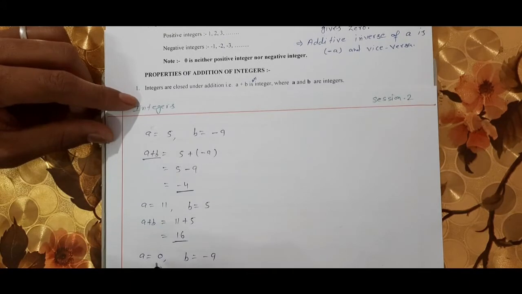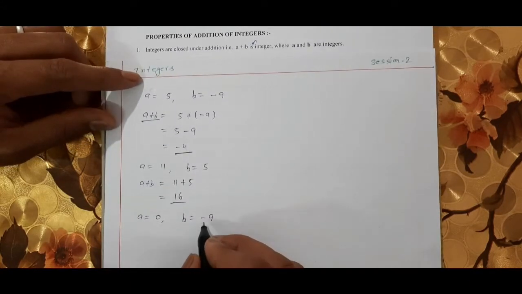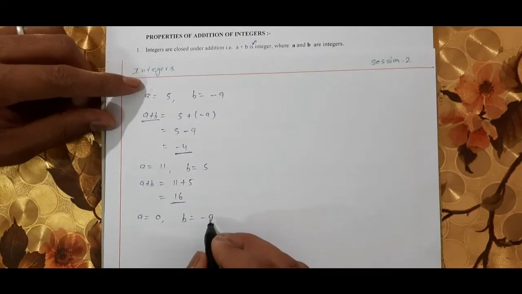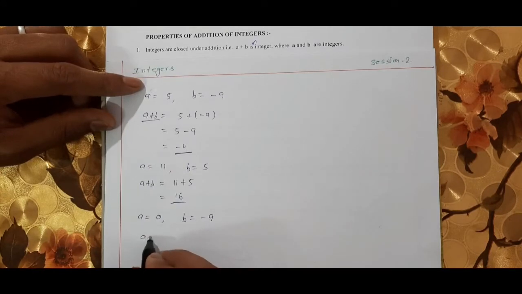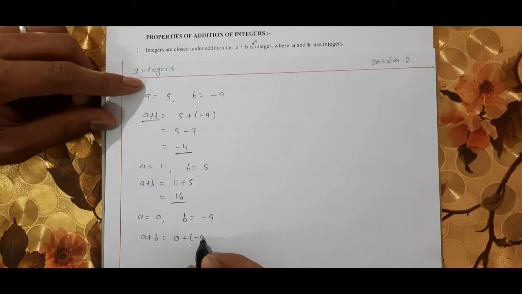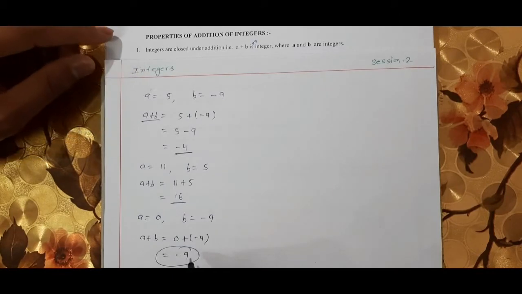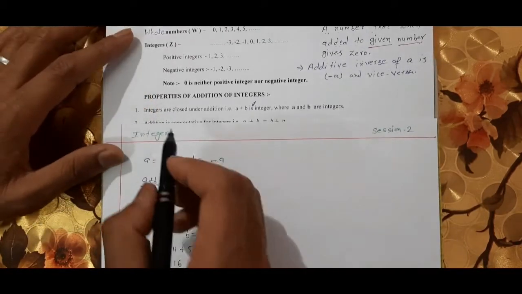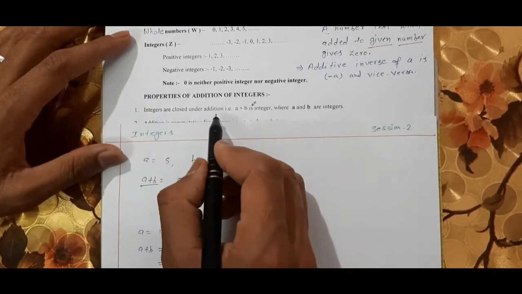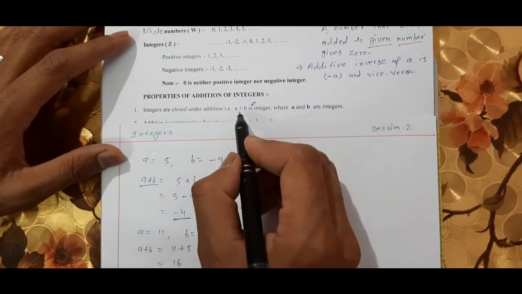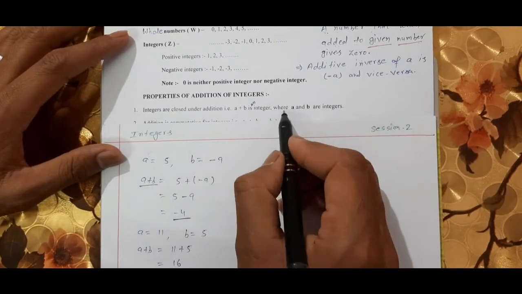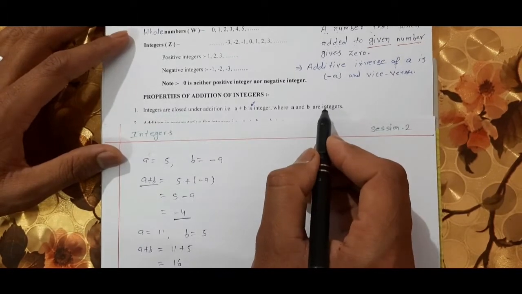Here 0 is an integer and b equal to minus 9 is also an integer. Now a plus b equal to 0 plus minus 9 equal to minus 9. Minus 9 is also an integer. Therefore we can say integers are closed under addition. That is, a plus b is an integer where a and b are integers.